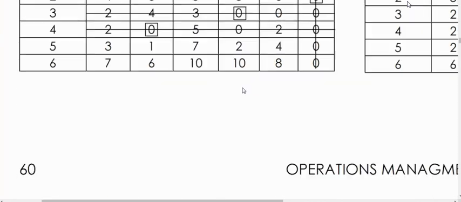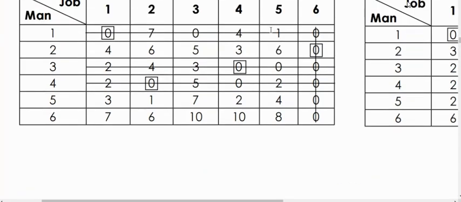See, the fourth job is already being allocated to the third man, and the sixth job is also being allocated. So the fourth 0 and the sixth 0 do not make any sense. So the only remaining 0 we have is the 0 in the second column.